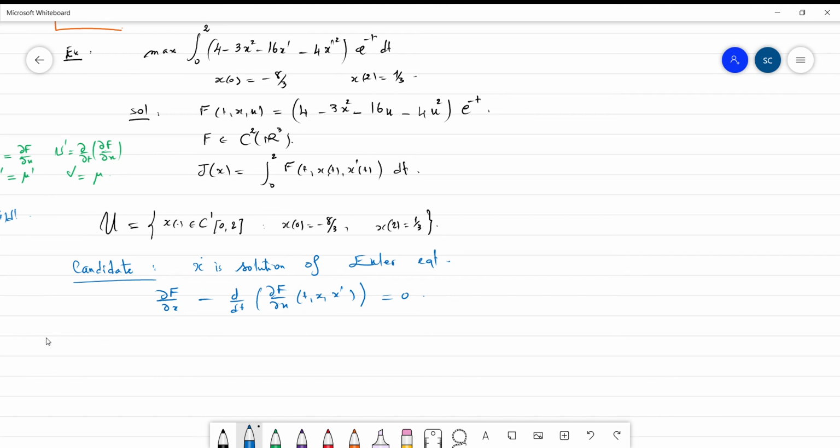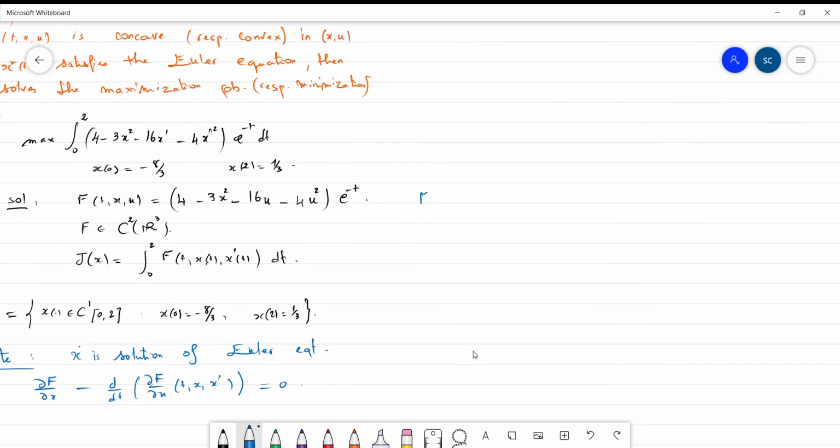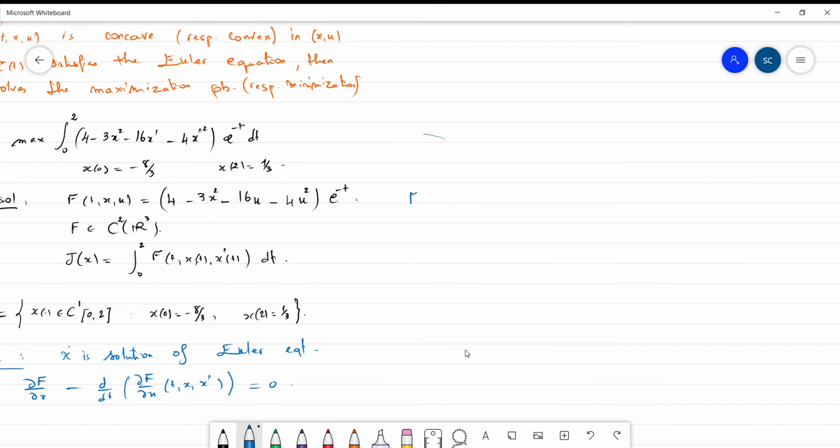So I need to express f_x. Maybe I will write it above, to save time and space. Okay, f_x, if I look at my definition of the function of t, x, u, is equal to minus 6x and a minus t, times f_u, the derivative in u, I will have minus 16 and minus 8u and a minus t.